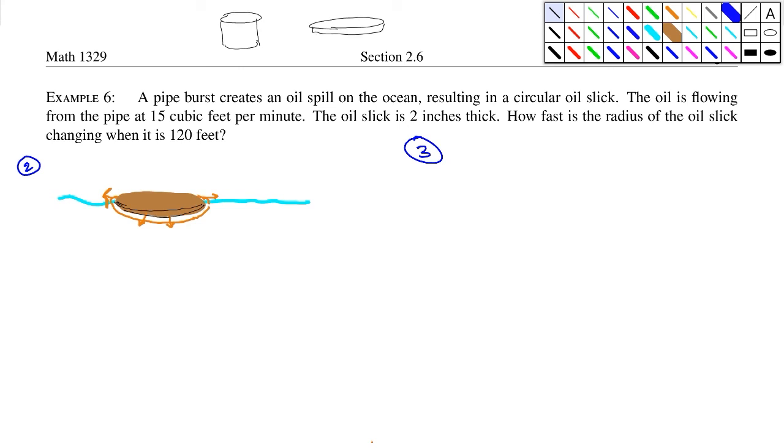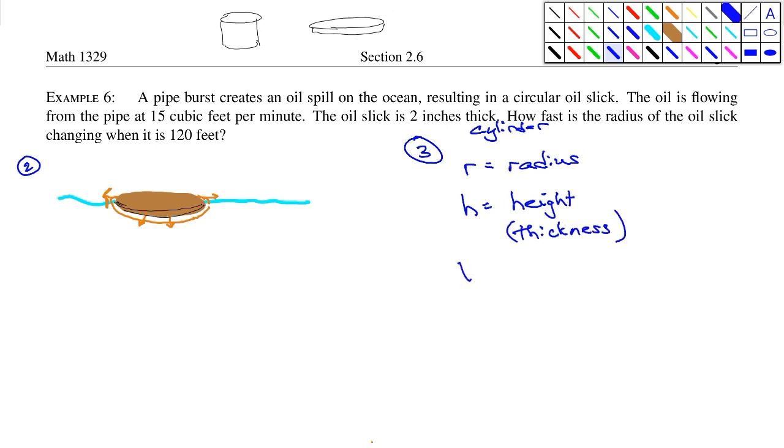And so that's our model, a cylinder. So let's think about the items that we need for a cylinder. We need radius. We need height, which is thickness. And we need volume. Volume is the amount of oil in the slick.